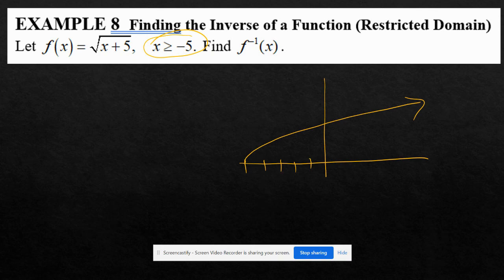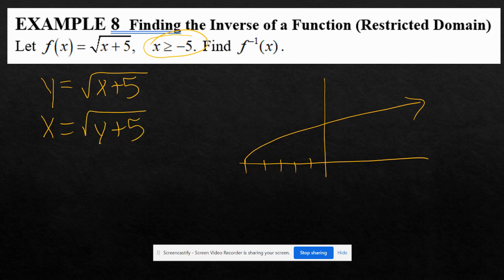And even though it kind of looks maybe on our graph like it flattens out, that's just because the decimal is so super small when it's changing. But it does pass that horizontal line test. So this is a one-to-one function. Remember, f of x is the same as y. And so x and y are trading places.